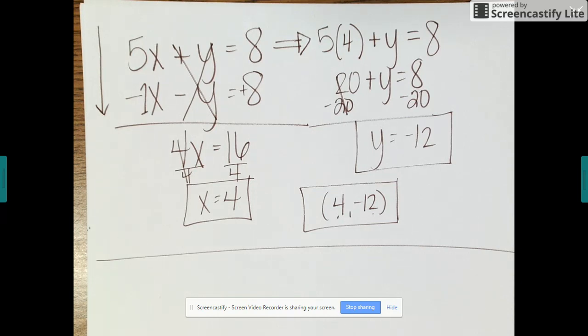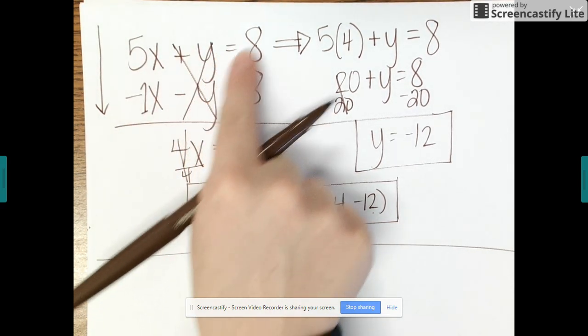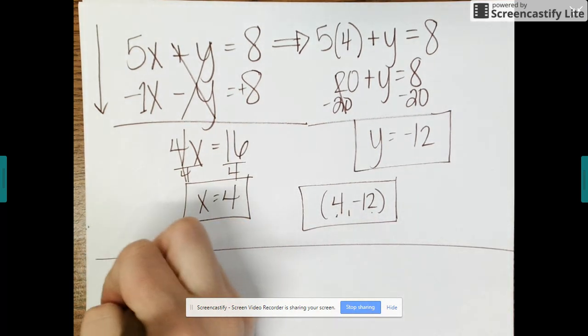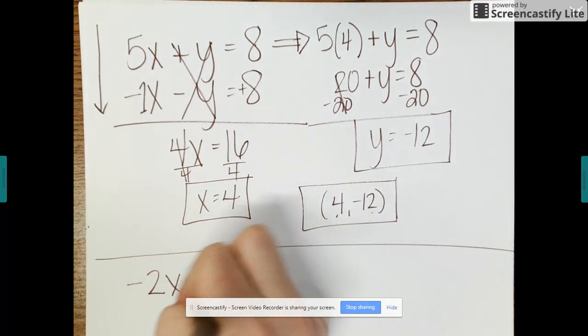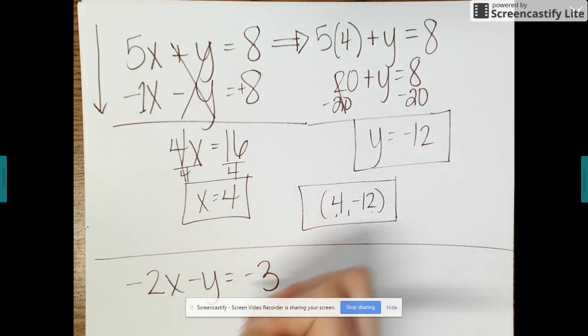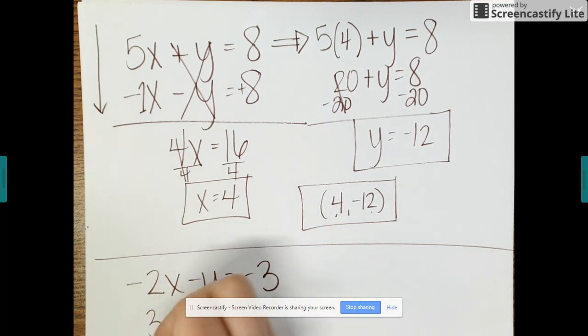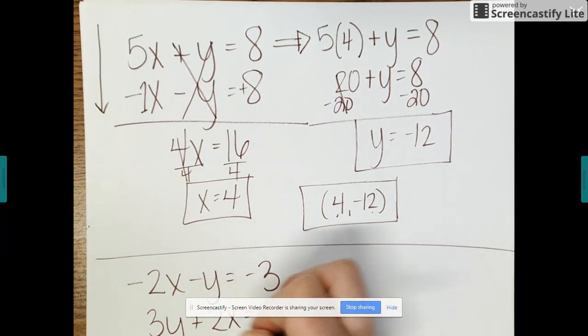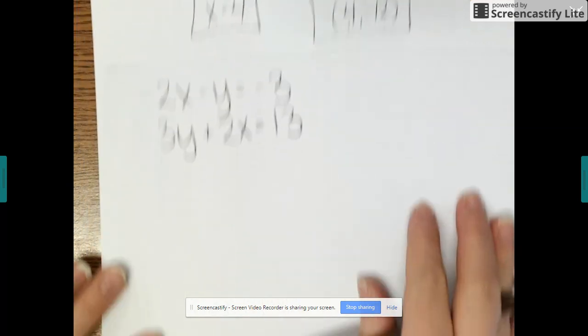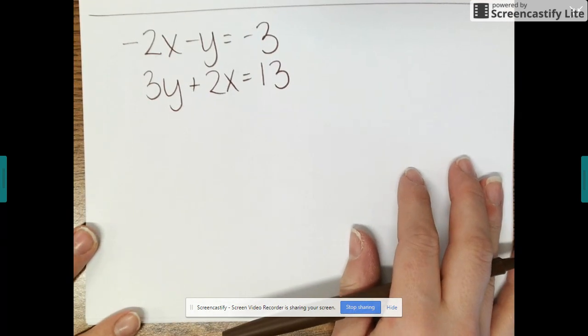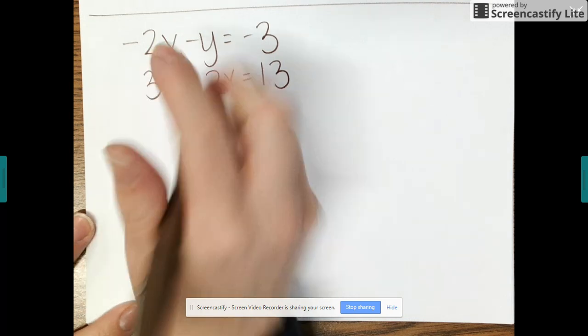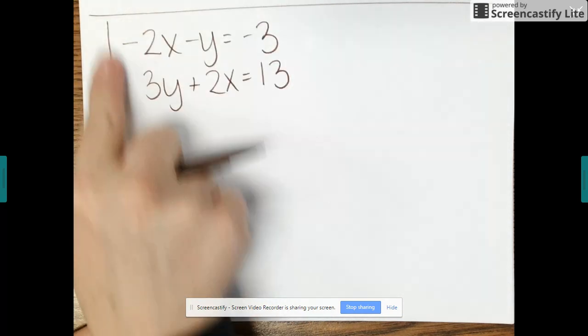Let's look at a couple of difficult ones, okay? Ones that you might have to interchange because they're not lined up with x's and y's and your equals and your 8s. So let's take a look at this one. All right, so let's make sure we're, again, looking vertically, up and down.